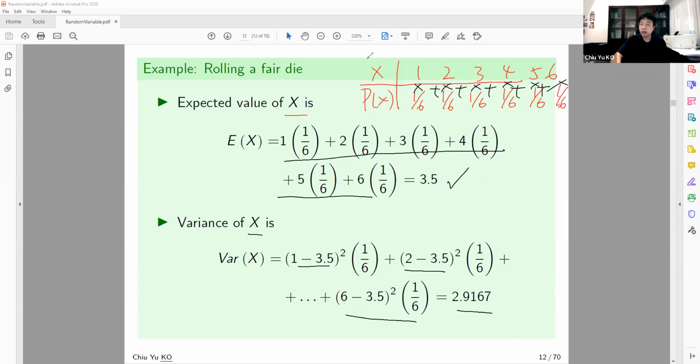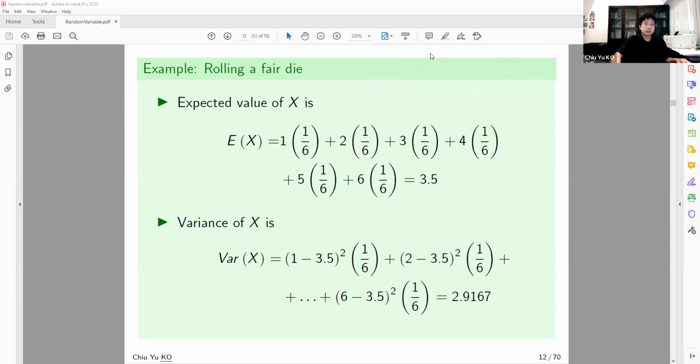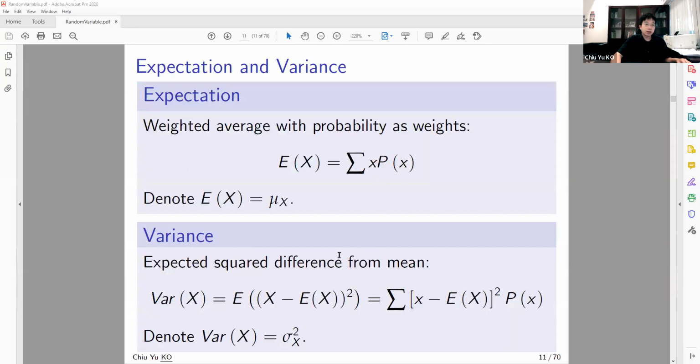Okay, any question about this example? Meaning of variance. Let's go back. Expectation is asking what value this random variable takes on average, right?